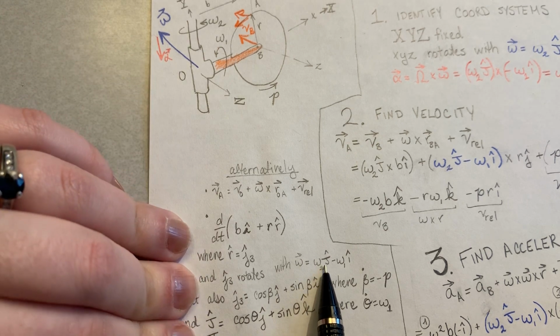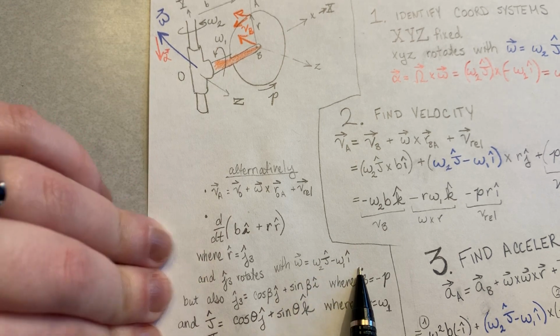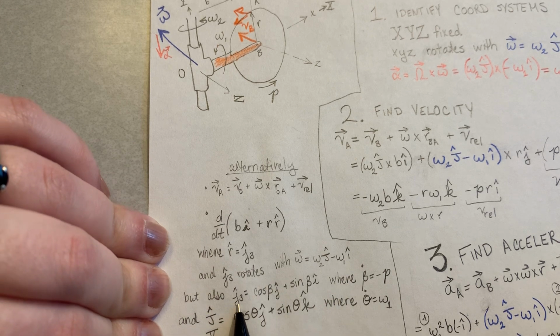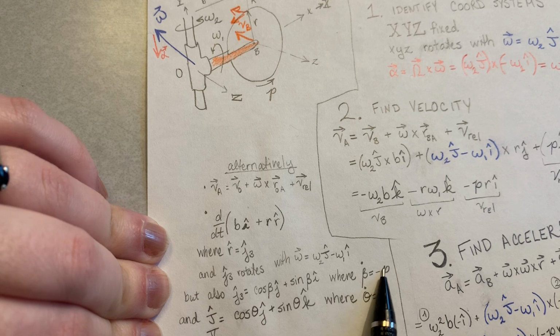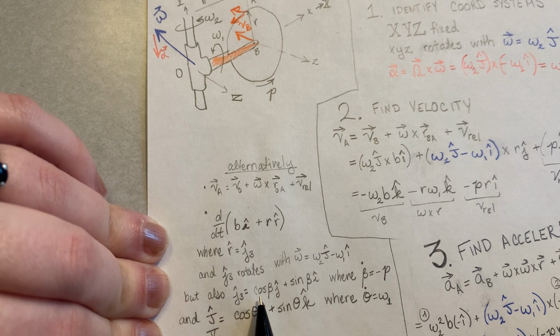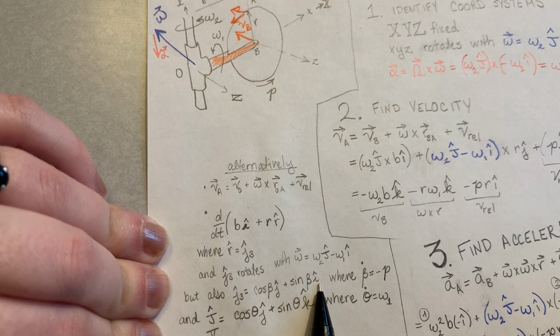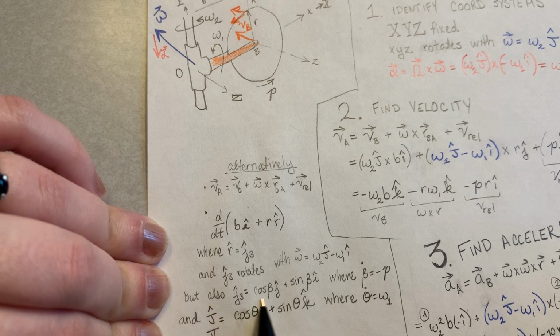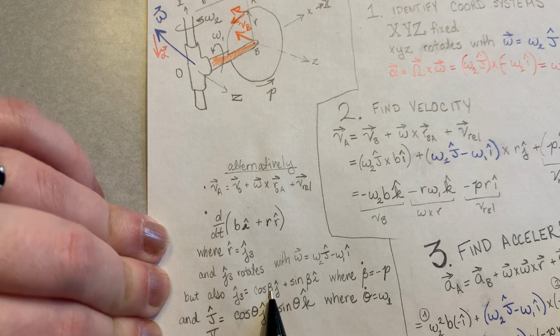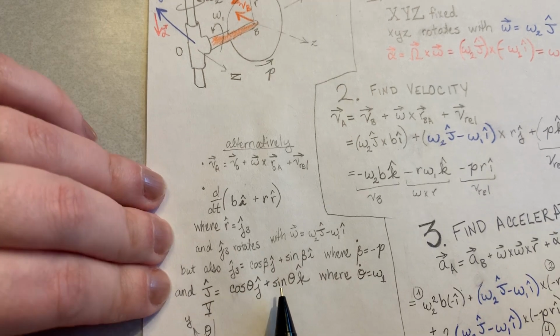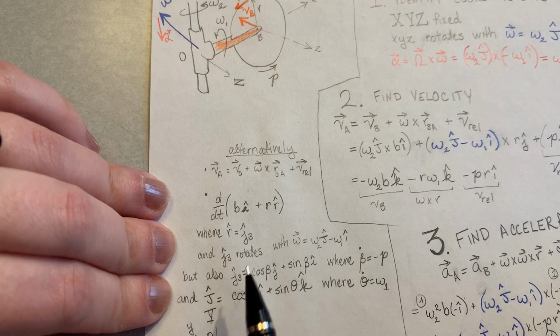It rotates with our regular omega, but also J3 would rotate with some p, and so you could define J3 as equal to the cosine of beta j hat plus sine beta I hat. Right, so now you would be converting J3 into the I and J coordinate system.